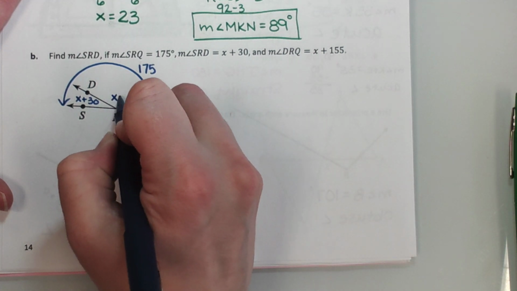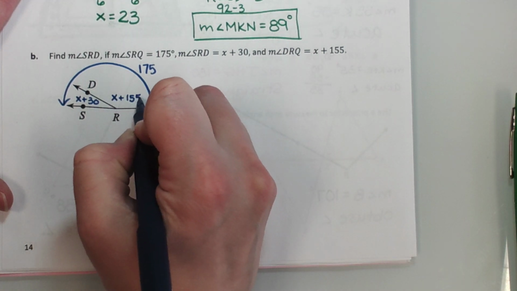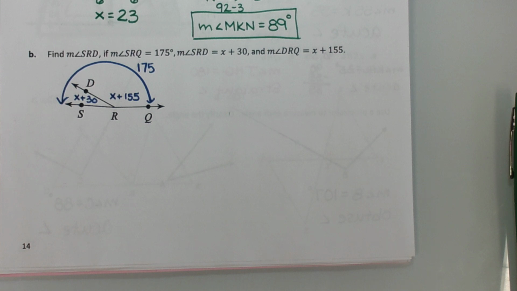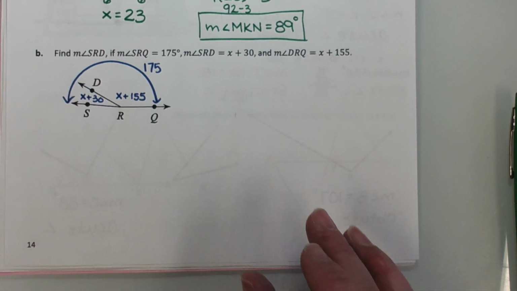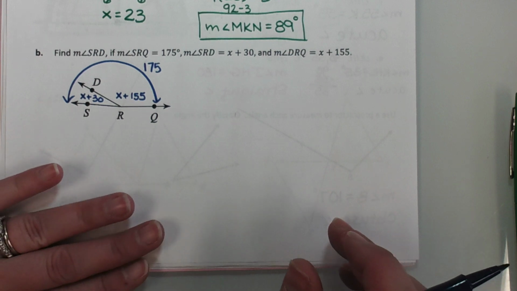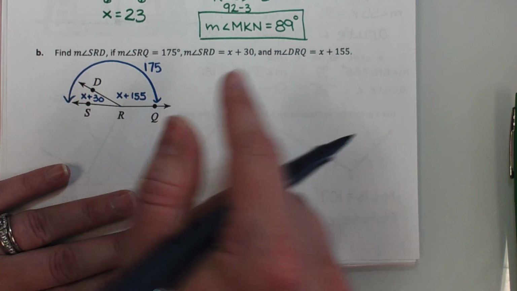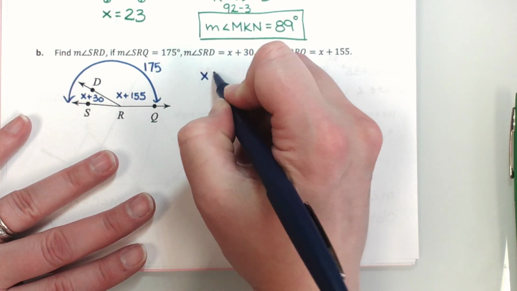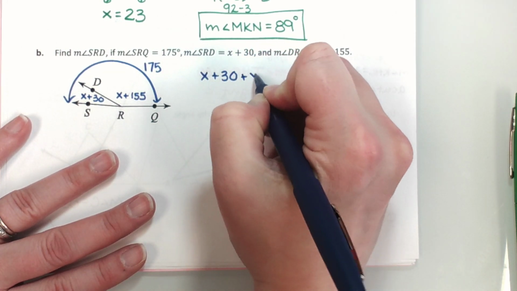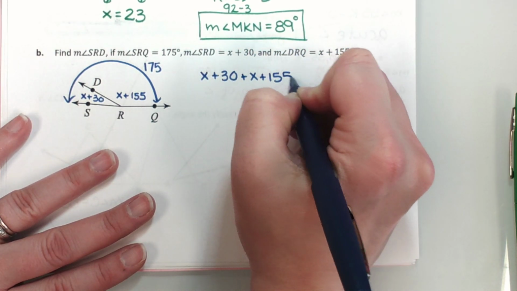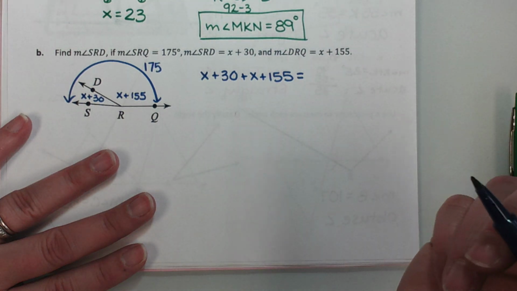DRQ is this one. When I write my equation, which two angles am I adding together? X plus 30 and x plus 155. Two smaller ones add together to make the big one.